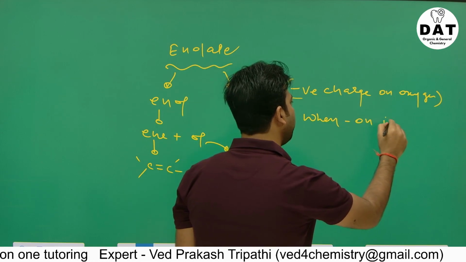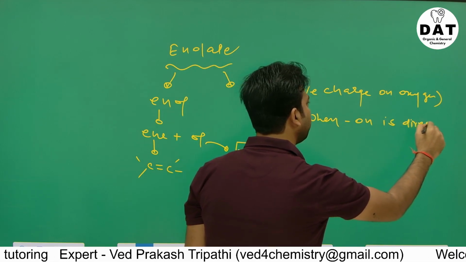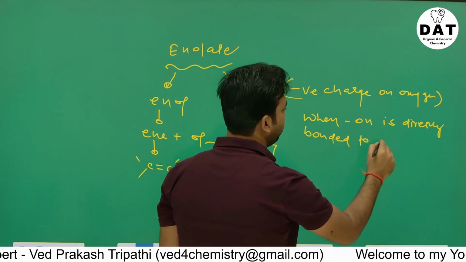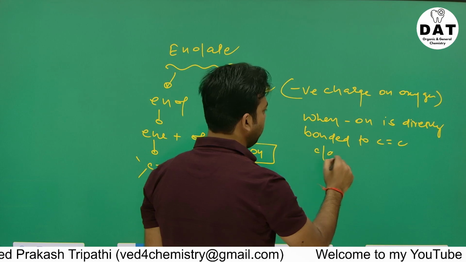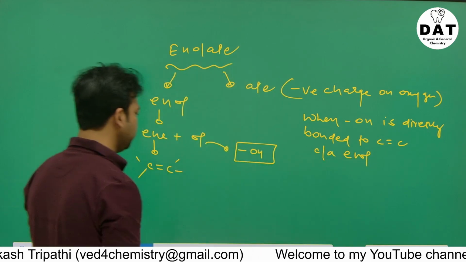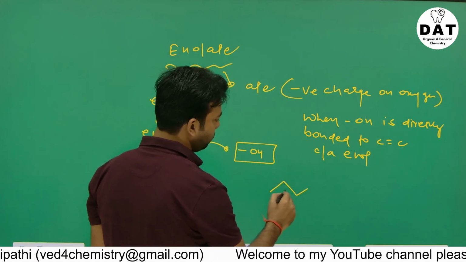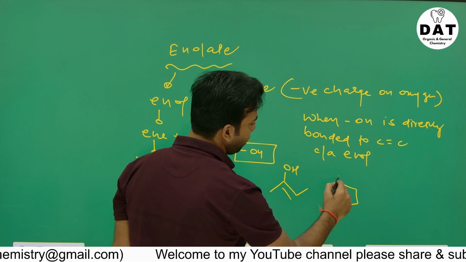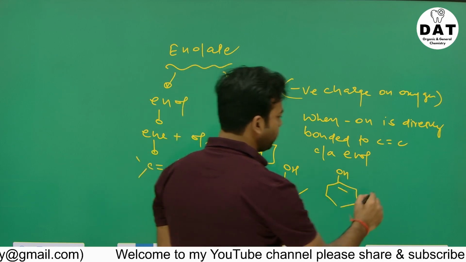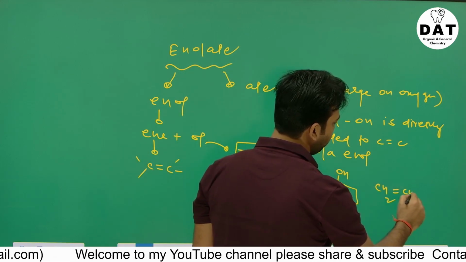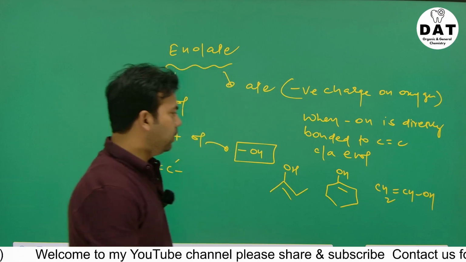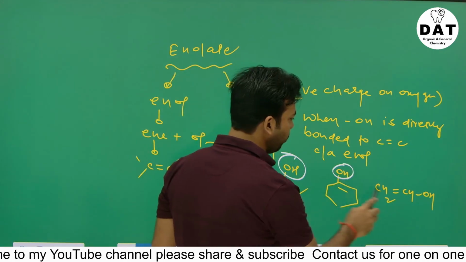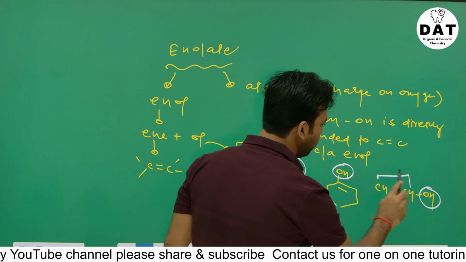OH is directly bonded to carbon double bond carbon, it is called enol. Example: you can see in these three examples, here OH is bonded to a double bond carbon, here bonded to a double bond carbon, and here OH is bonded to a double bond carbon.